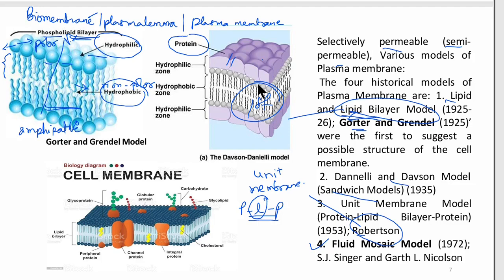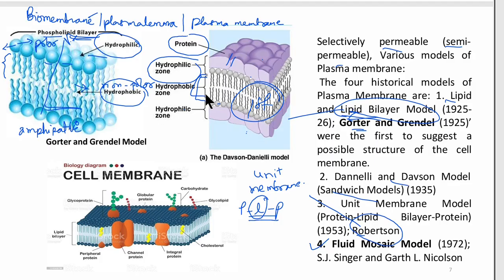According to this bimolecular model, the plasma membrane consists of two layers of phospholipid molecules, arranged in such a way that the hydrophilic heads, the polar part, face outside, and the hydrophobic, non-polar part is associated in the middle, the inner region of the leaflet-like model. This model postulates the presence of both lipid and protein in the membrane.